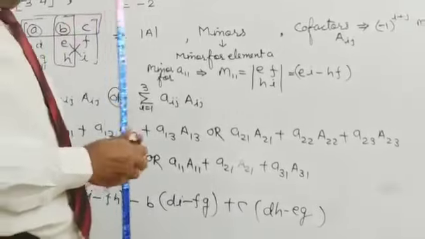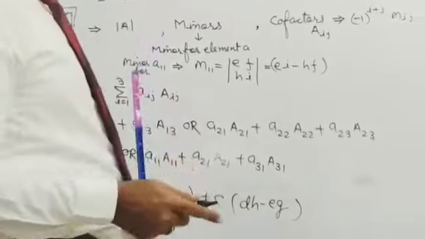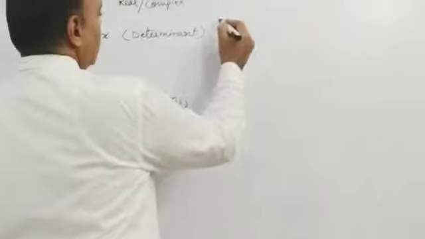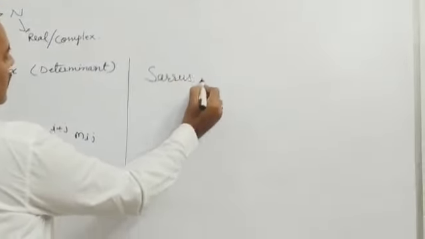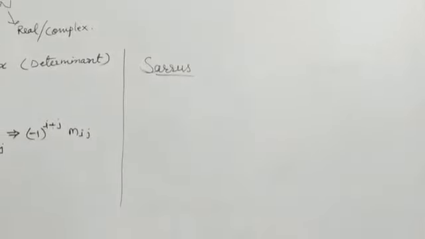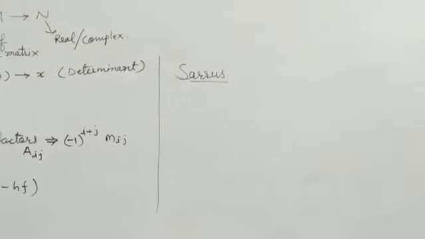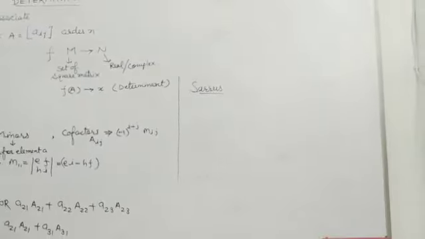Now we are solving it by Sarrus diagram. This is another method to find the value of a determinant.